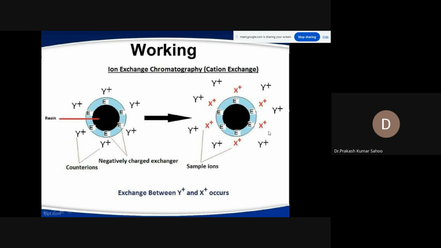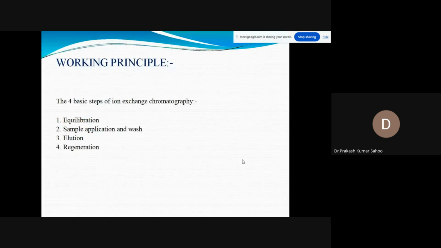So X plus goes in, and we get the X plus surrounding the E minus. Then, when another ion M plus, which has a higher positive charge than X plus, comes in, what happens? X plus gets out, and we get that X plus as one of the components of the sample.